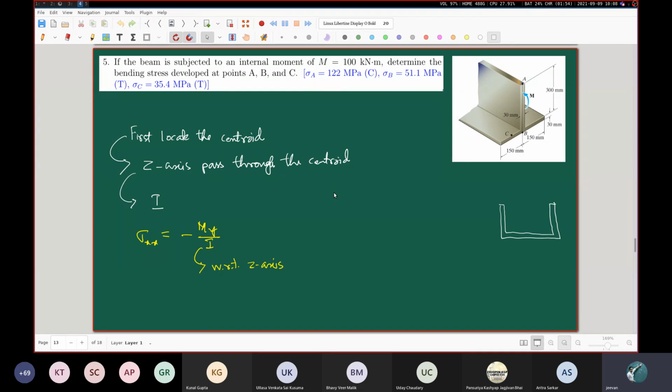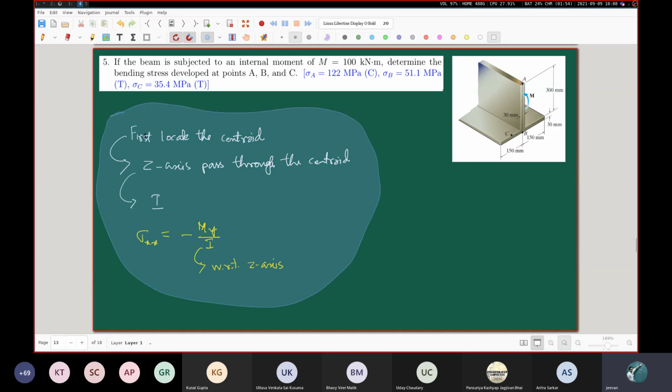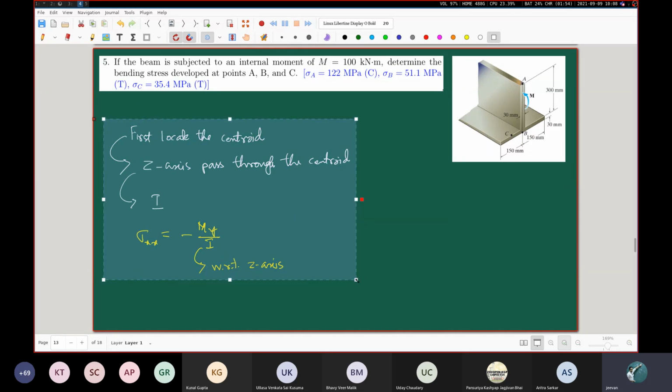Nevertheless, it would be useful for us to at least take a look at the calculation of the centroid for a particular cross section like this. So let me quickly go through it. I won't go into the actual calculations, but in a variable sort of way, I'll try to do it.